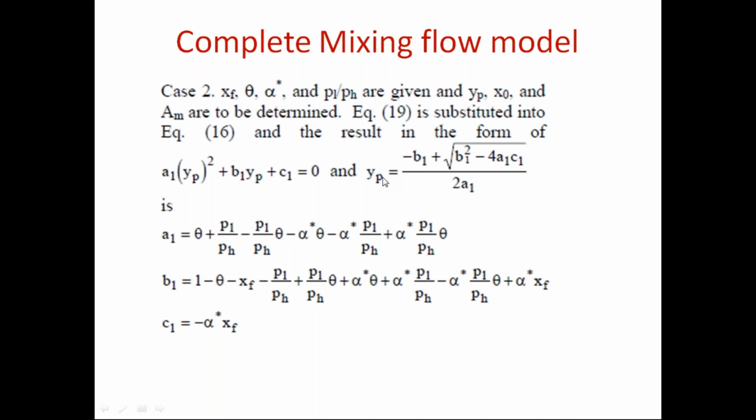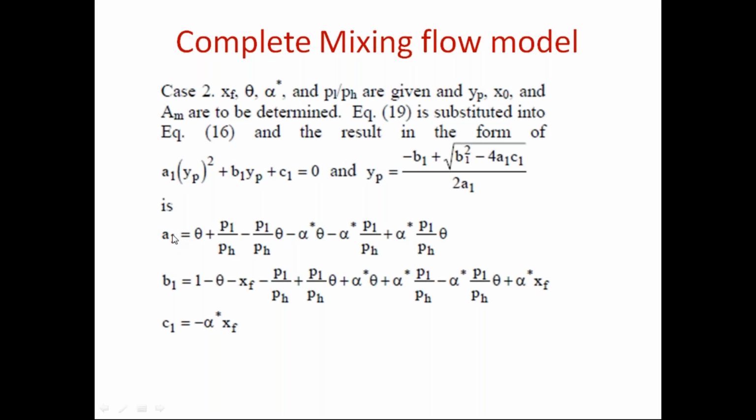Then here your YP is again equal to this. However, A1 in terms of theta, you can again modify the equation. So A1 is this one, B1 is this one, and C1 is this one. Here X0 is eliminated, and you have included theta. So that's why the quadratic form of the equation has been changed in this fashion.